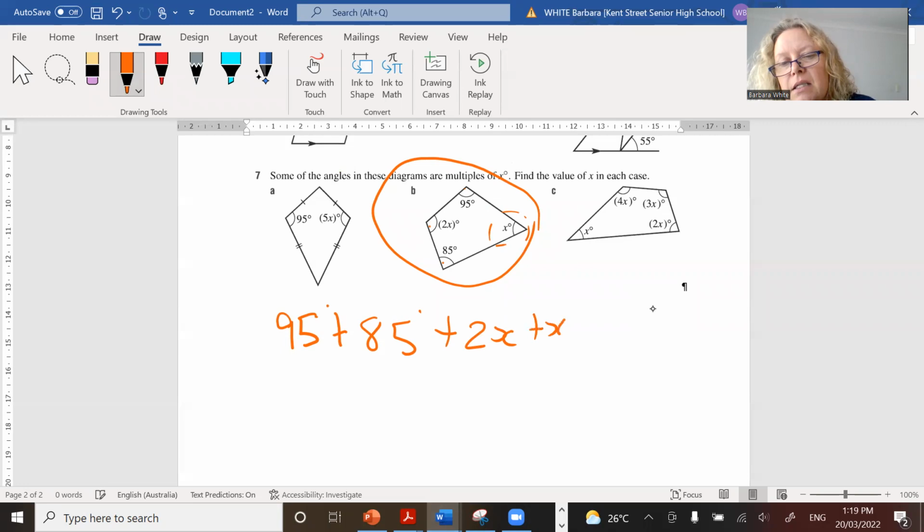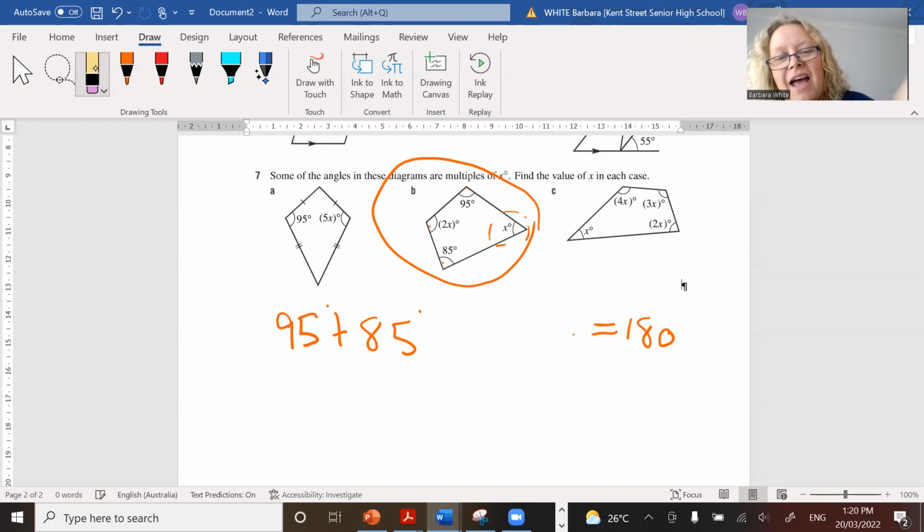So plus x, all of those added together equal 180. Now, then I simplify it. Where I've got 2x plus another x, I can make that say 3x. So I can rewrite this. I'm not going to rewrite this because it's too hard to write on this screen. So I'm just going to rub that out and I'm going to change it and make it say 3x.